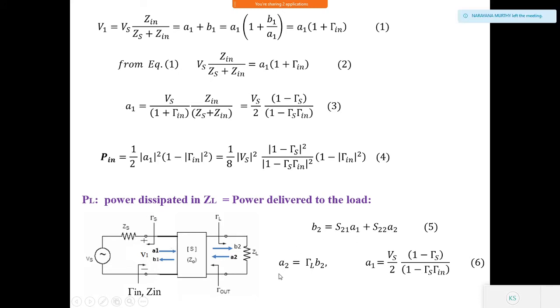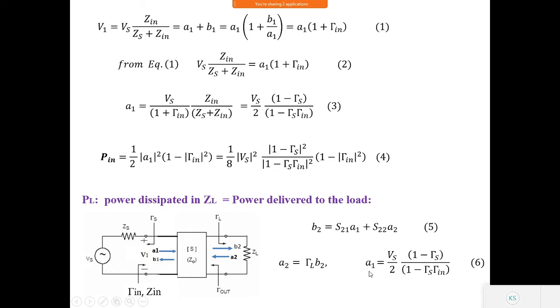Now A2 is the incident wave over the ZL, and a part will be reflected back. How much reflects back? That is Γ_L times B2.